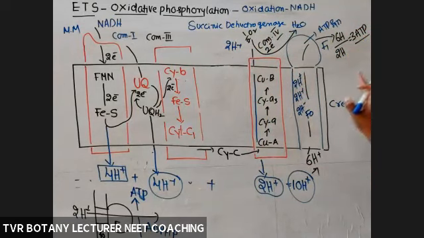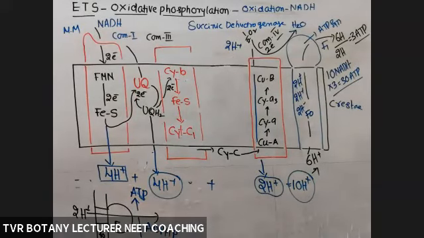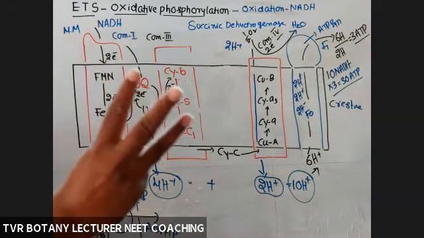Okay, is it clear? So what about the total number of NADH available? 10 NADH. Okay, so 10 into 3, 30 ATP molecules. Go for this one only. The reason: in your textbook, they clearly mention that out of one NADH molecule, 3 ATP molecules are produced, given or not?